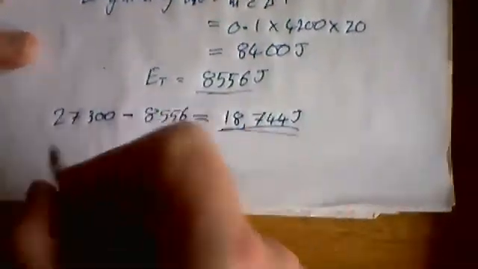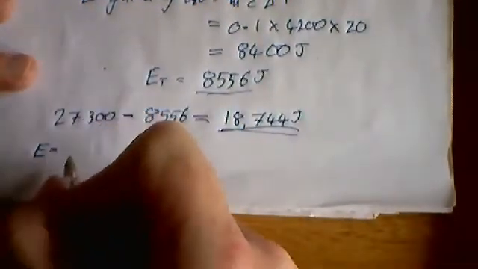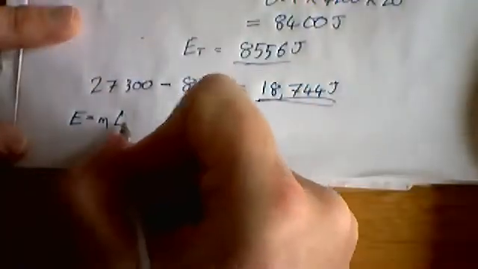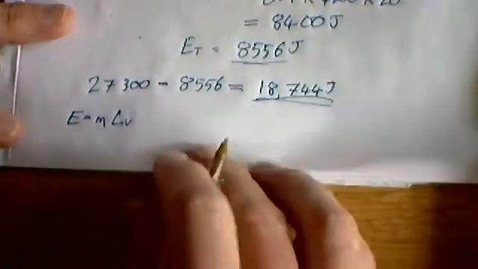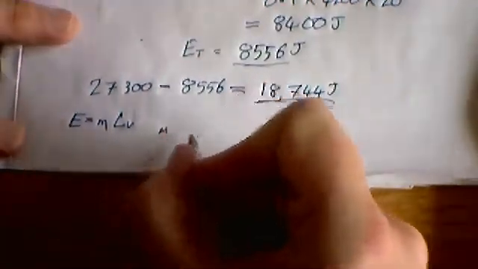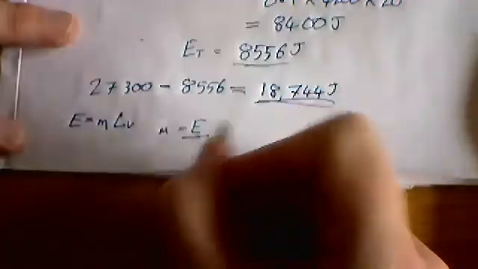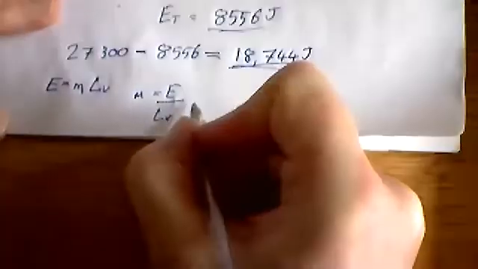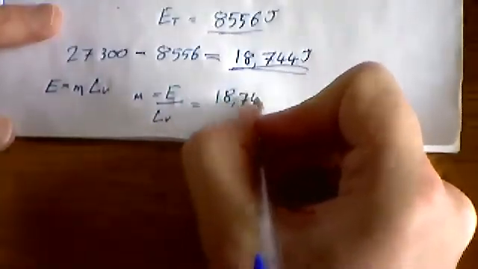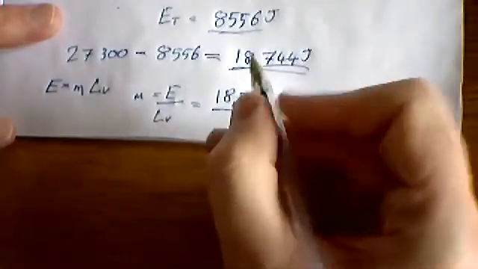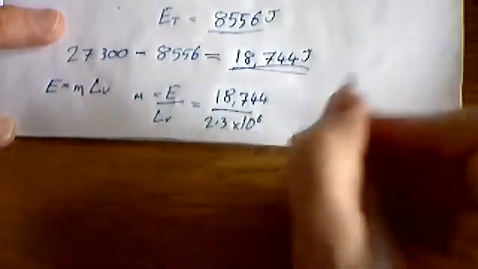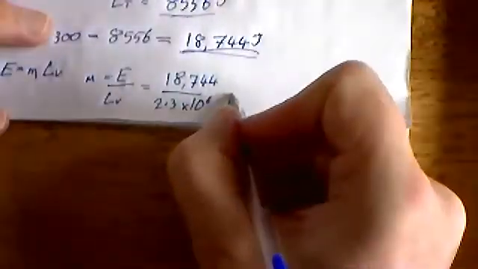Water into steam, the energy is just the mass times the latent heat of vaporization. So our mass is going to be energy over latent heat of vaporization, which is 18,744 divided by 2.3 times 10 to the 6, the latent heat of vaporization of water.